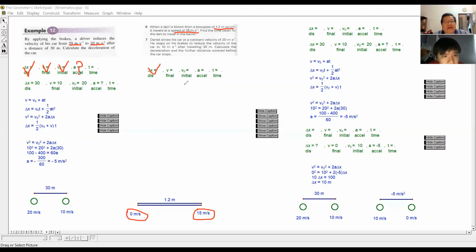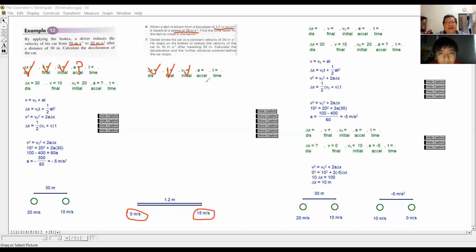So this 15 is which one, v naught, a, or v? It is v. Then what is v naught? Although it is not mentioned in the question, we know v naught is 0, because it starts from rest.